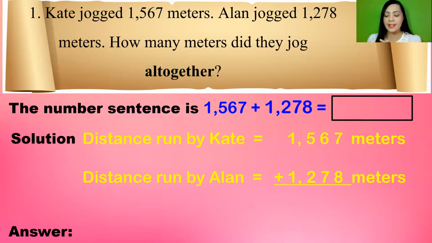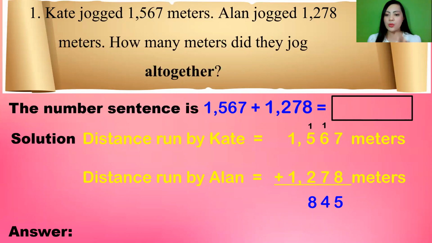Okay, let's solve the problem. 7 plus 8 is equal to 15. Put a 5 there and carry 1 on top of the tens place. Now let's proceed to the tens place. 6 plus 7 is equal to 13, plus 1 is equal to 14. 4, carry 1 right there. 5 plus 2 is equal to 7, plus 1 is equal to 8.